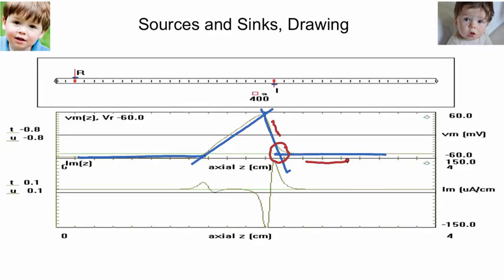Current has to come out of the fiber there because it is flowing along the fiber here, down this voltage gradient, but no current is flowing over here. So at the junction point within the circle, a lot of current has to come out of the fiber. Sure enough, when we look at the computer drawing underneath, we see right here, there's a source. A lot of current is coming out of the fiber at that point.